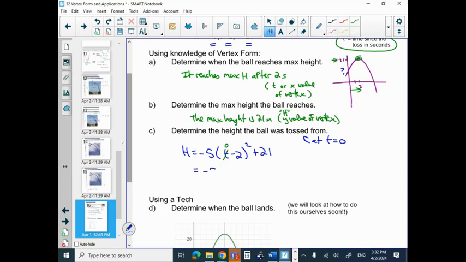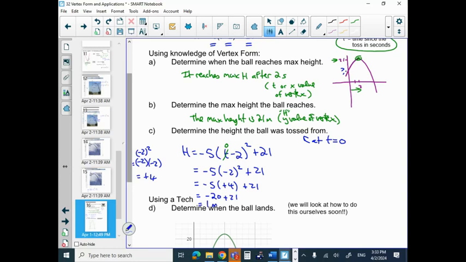So we'd have -5 times (-2) squared plus 21, which gives us -5 times 4. So it becomes +4 because we're doing -2 times -2; -2 squared equals +4. So it gives us -20 plus 21, which gives us a height of 1 meter.